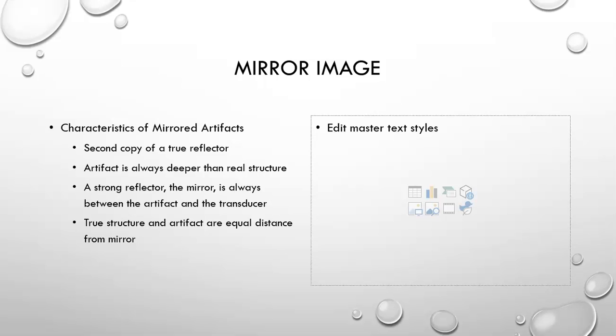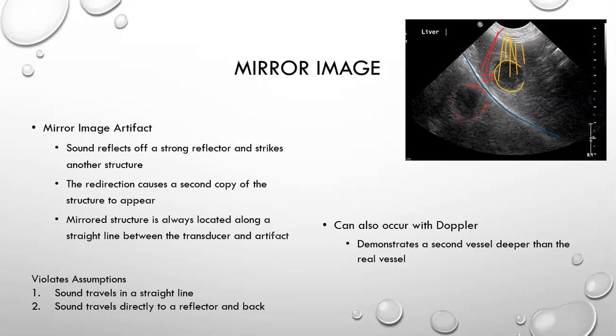The true structure and the artifact are equal distance from the mirror. So if we go back to that picture real quick, we see that the reflector here, the diaphragm, the mirrored image is the exact same distance from the diaphragm on both the real and the reflected side.